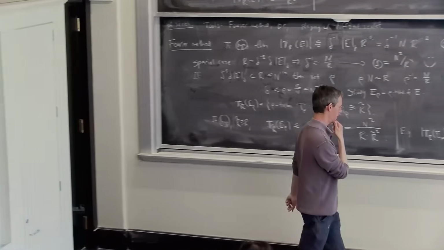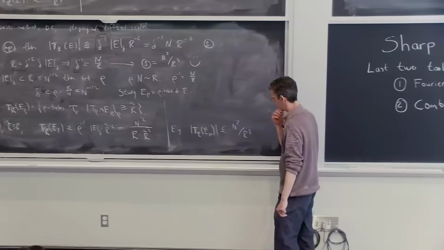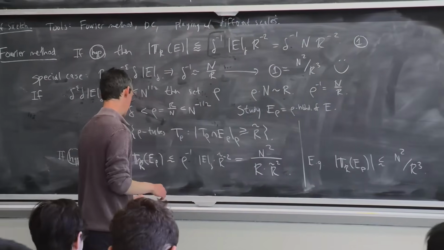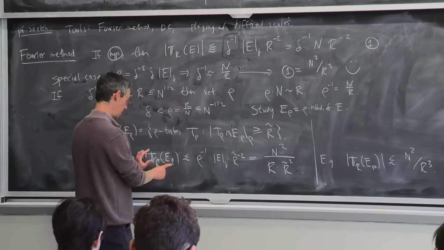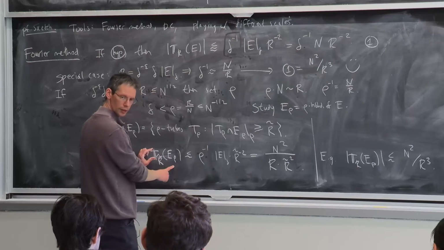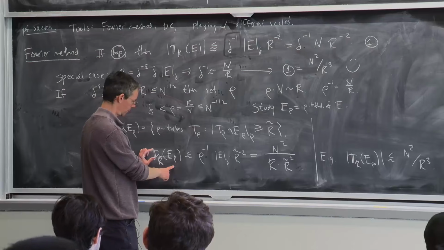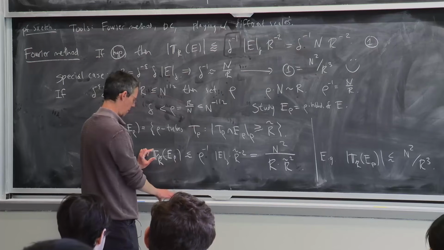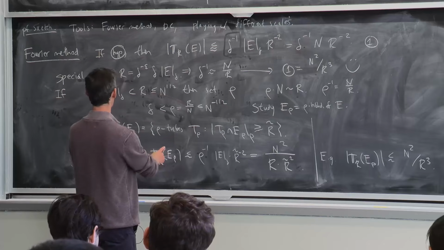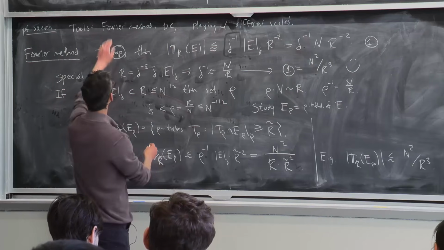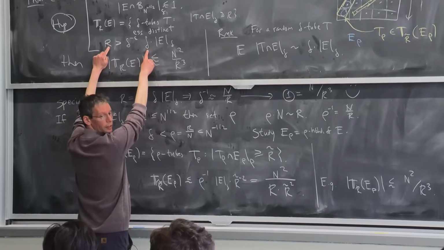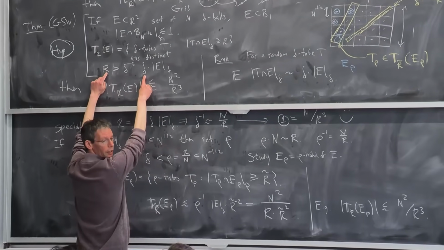All right. So it's a surprising thing that as we increase rho, we get a better and better upper bound for this. Now we can't increase it. There's a limit to how much we can increase it because we do need this condition.